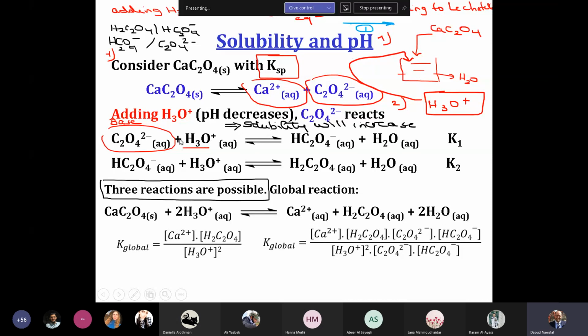So when reaction 2 occurs, at the same time reaction 1 occurs. When H3O+ reacts with C2O4 2-, that means C2O4 2- will decrease, that means C2O4 2- in reaction 1 will decrease, that means reaction 1 will shift in direction 1.